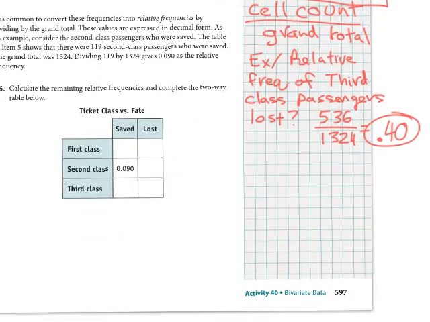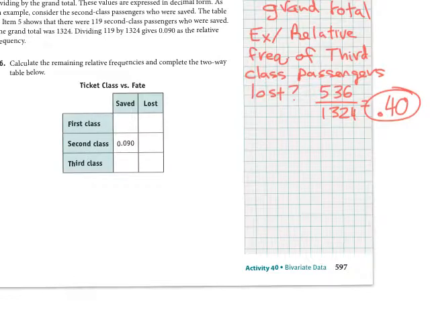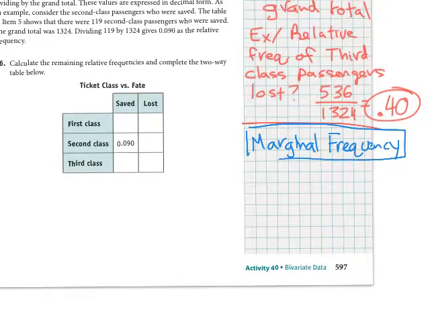Okay, I'm going to have to move it up and take the box off. I'll come back up to it. So let's talk about marginal frequency. Marginal frequency, very simply, is a total.